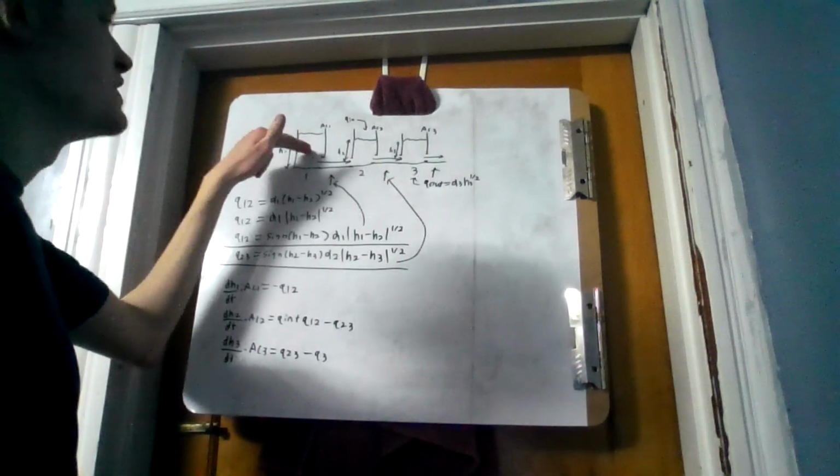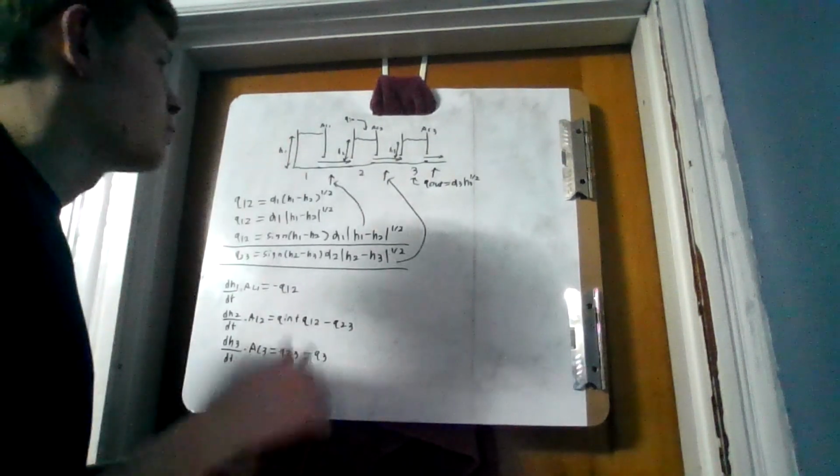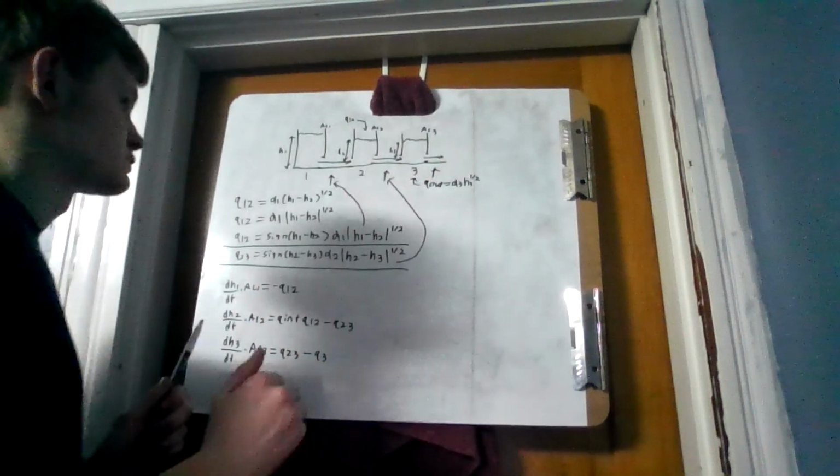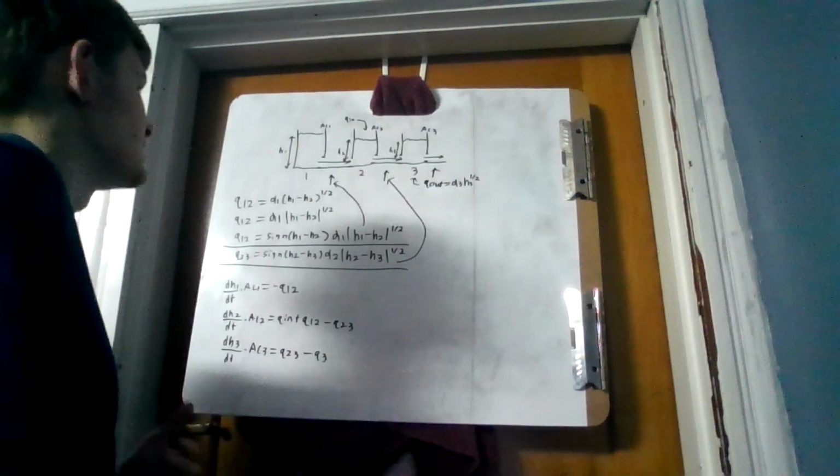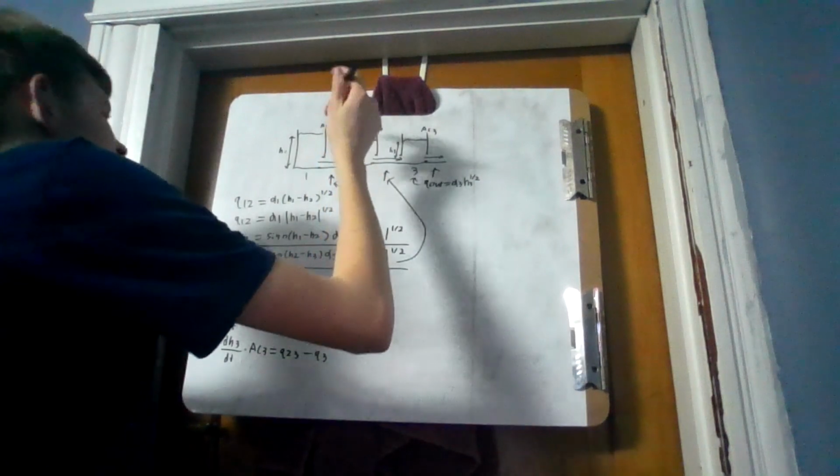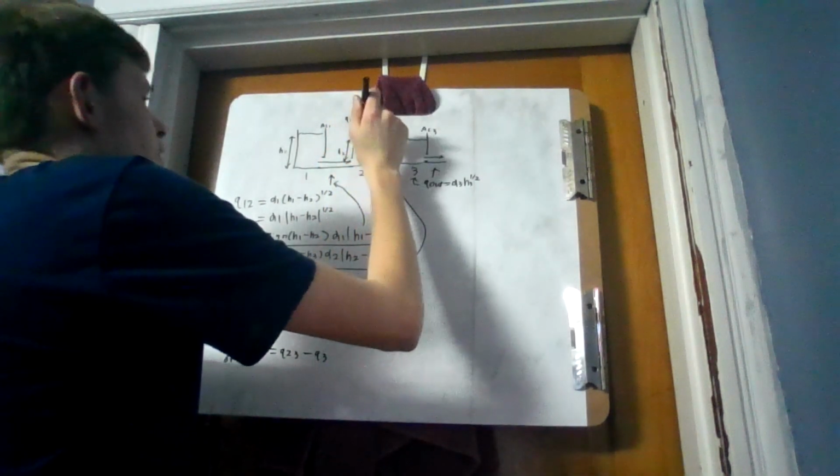We can't rely on this as a steady source of water, but the one thing we can rely on as a steady source of liquid is our inlet to tank 2.